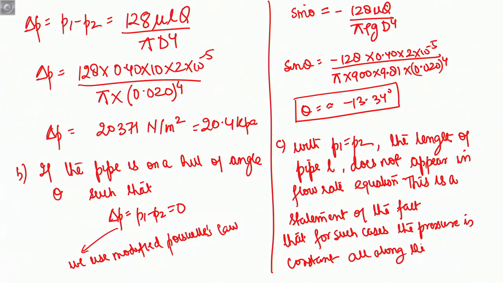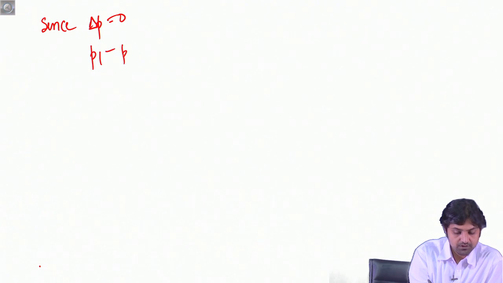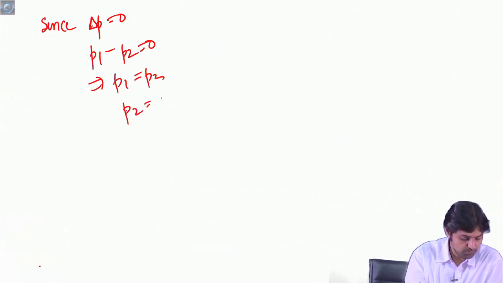all along the, see, for part B we said there was no pressure drop, right? That is correct. So that means the pressure is constant all along the pipe. All right. Since delta P is equal to 0, P1 minus P2 is equal to 0, so P1 is equal to P2, and P2 is equal to how much?